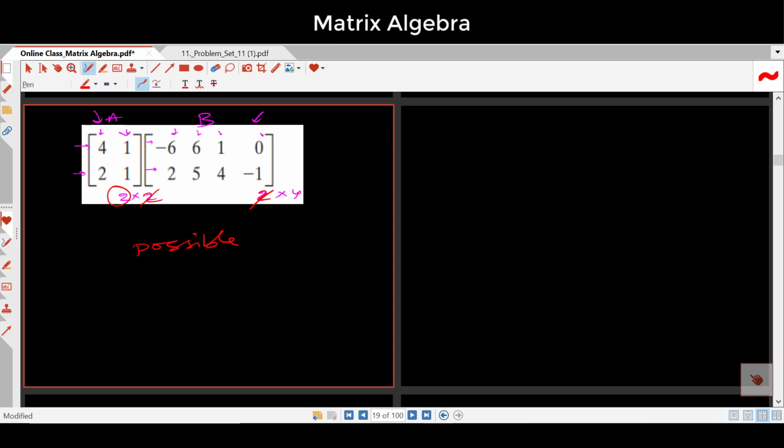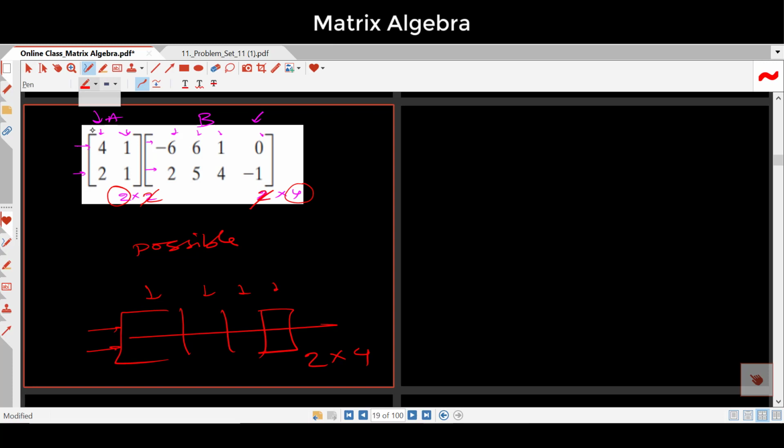That is 2 by 4. So the new matrix that we are going to find will have order 2 by 4. That means it will have 2 rows and 4 columns. So let us now do the multiplication.